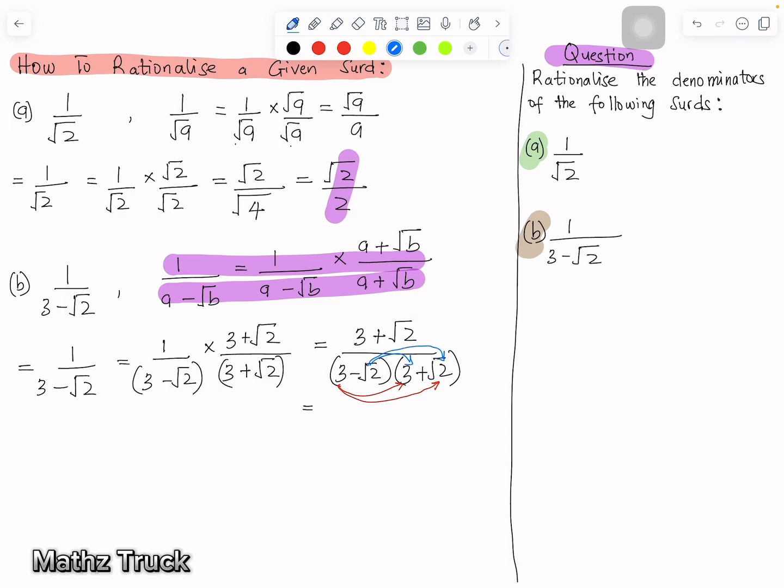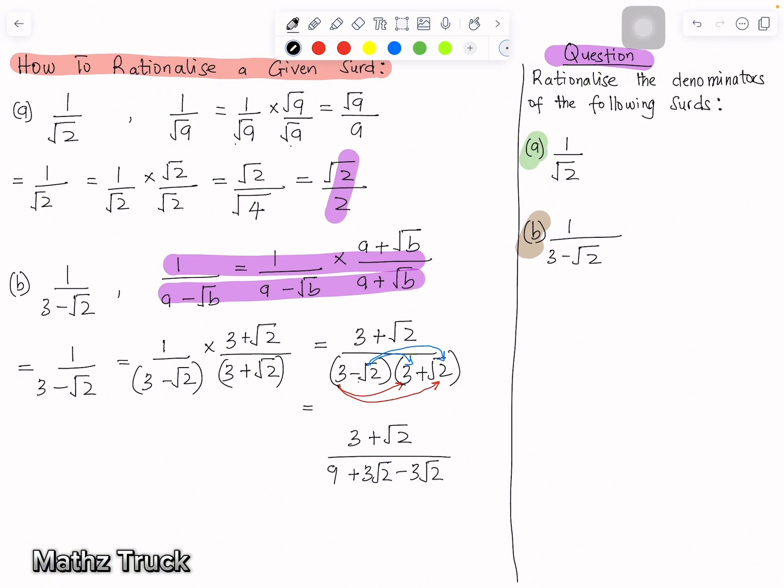So we're going to have 3 plus root 2 divided by, now 3 times 3 is 9. 3 times root 2 is going to be plus 3 root 2. Now we have minus root 2 times 3, which is minus 3 root 2.